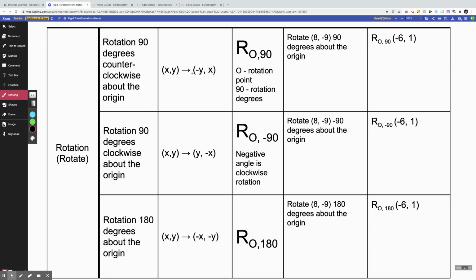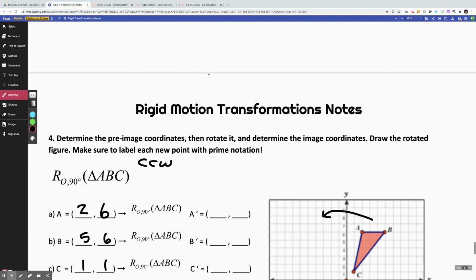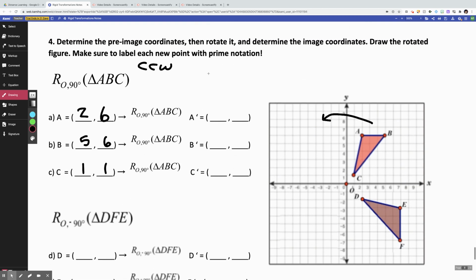So my rule for my coordinate points is I'm going to switch my X and Y and change the sign of my new X value. Okay, so my rule is X comma Y becomes negative Y, X.